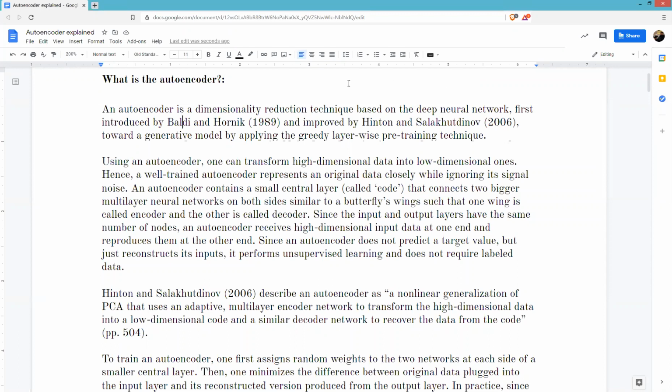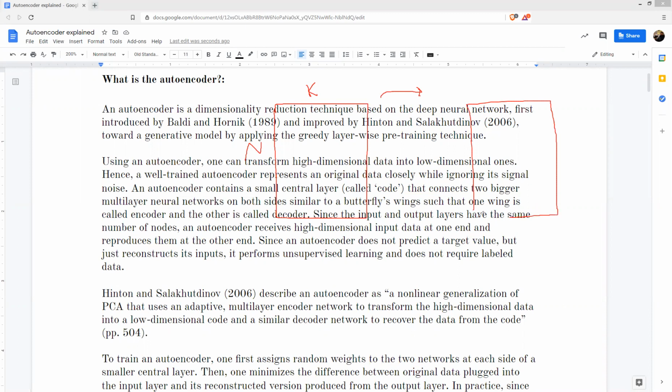Using an autoencoder, one can transform high dimensional data into low dimensional one. For example, if we have this type of high dimensional data, with n observations and k features, then through an autoencoder, we will reduce this into the same number of observations, but k prime features.